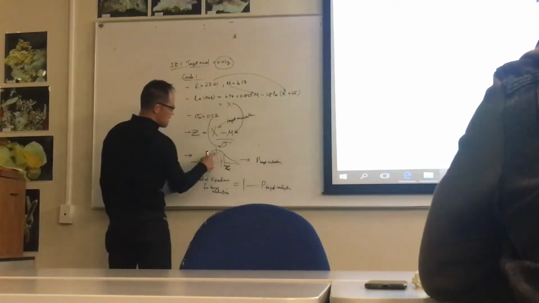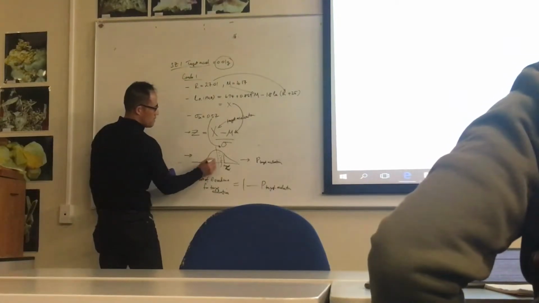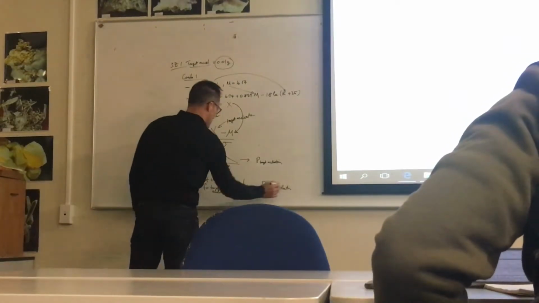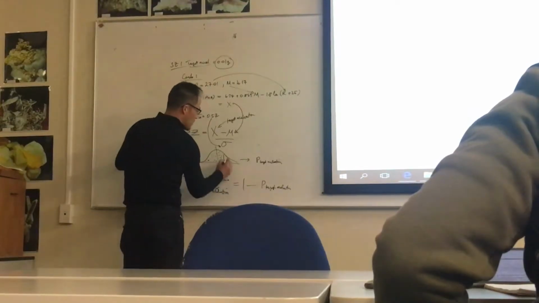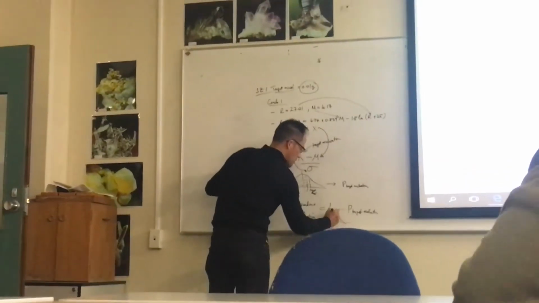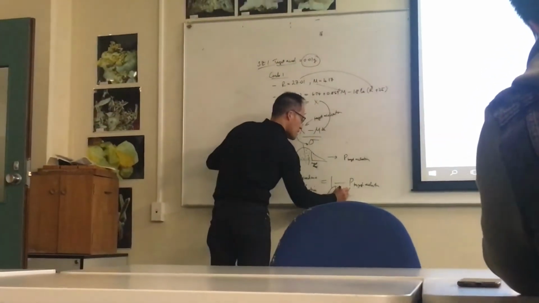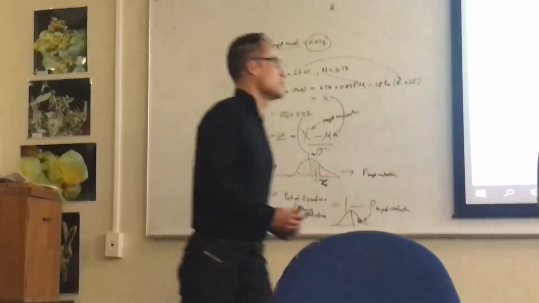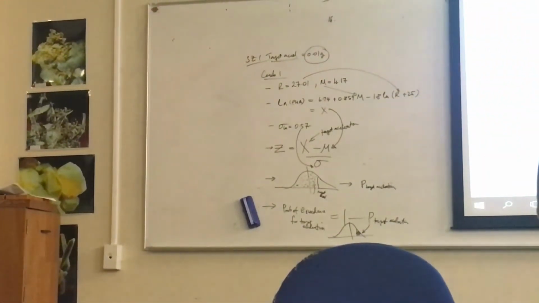And that will give us this crosshatch area here. This sounds complicated, but again, it's not really complicated.